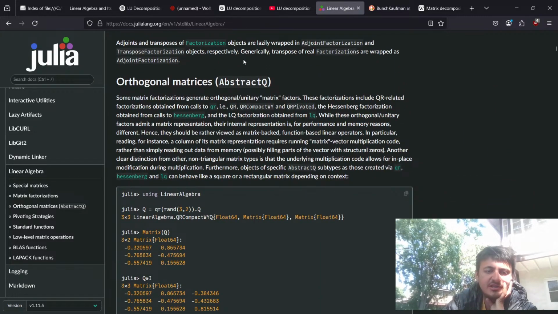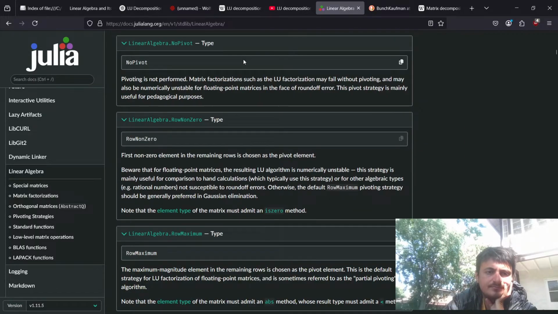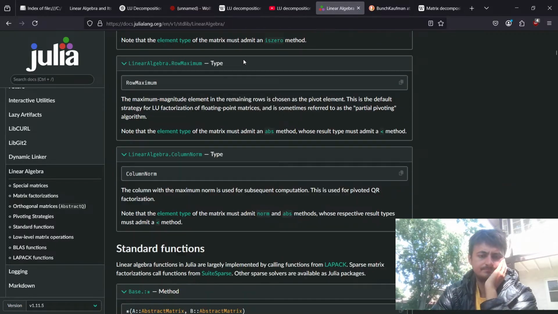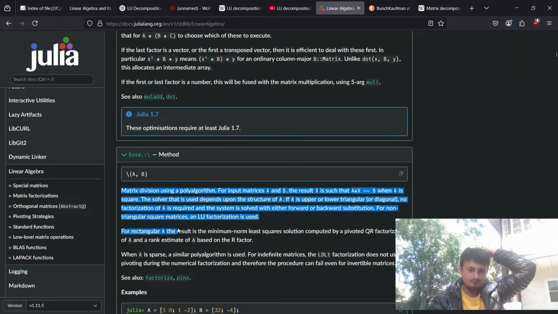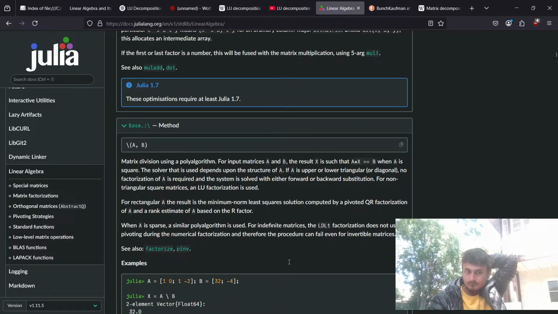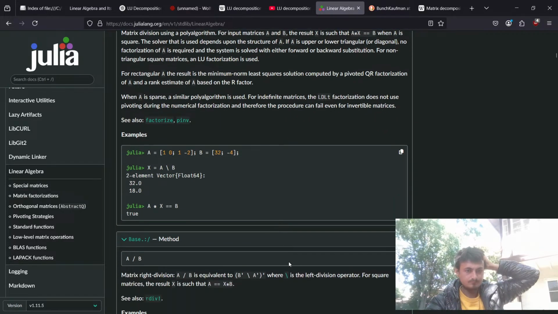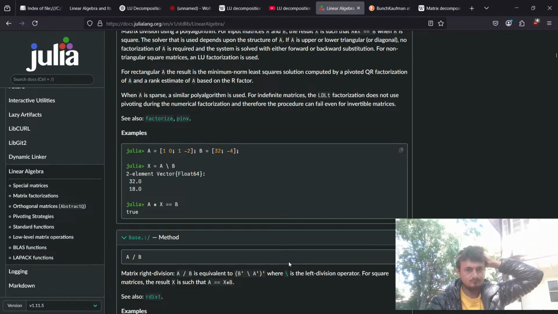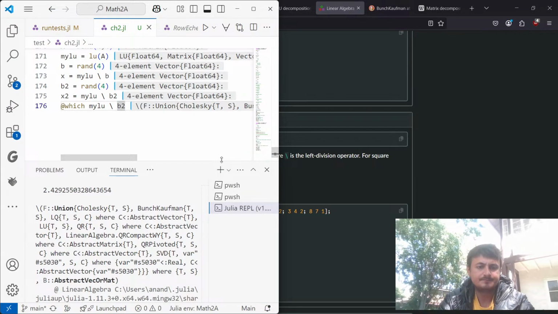What does actually explain the backslash? Huh. Okay.